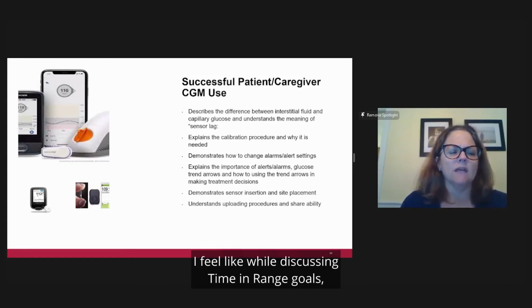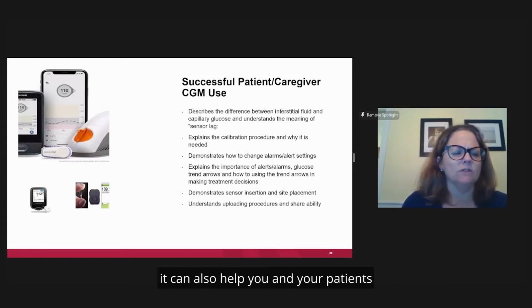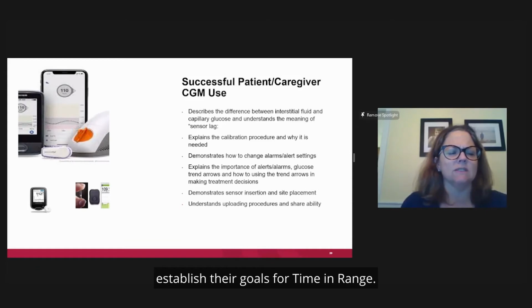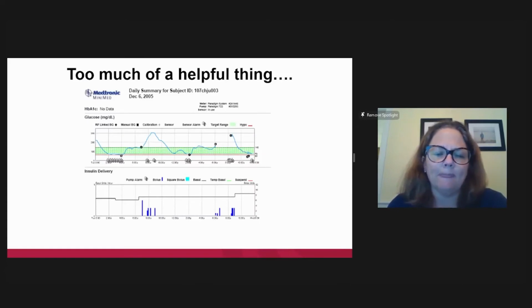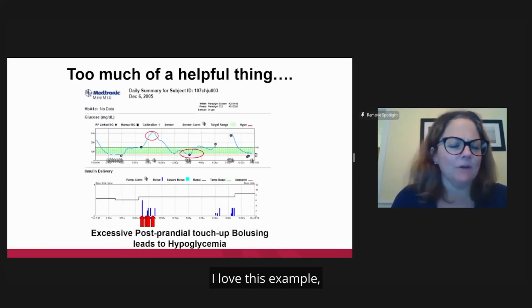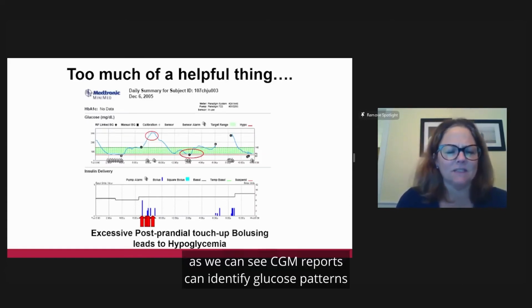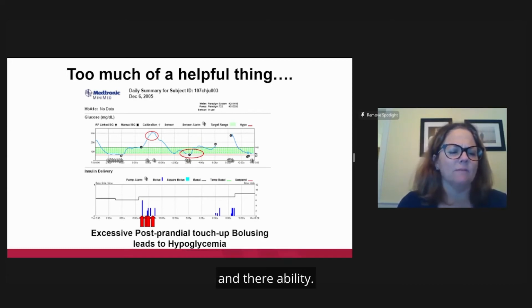I feel like while discussing time in range goals, it can also help you and your patients establish their goals for time in range. If you can advance the slide. I love this example. As we can see, CGM reports can identify glucose patterns and variability.